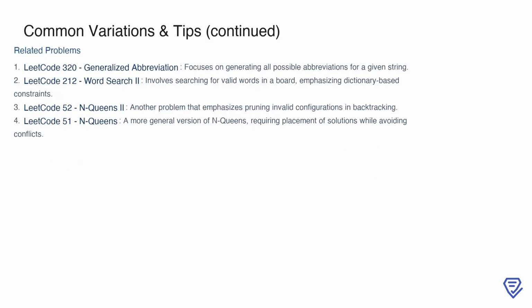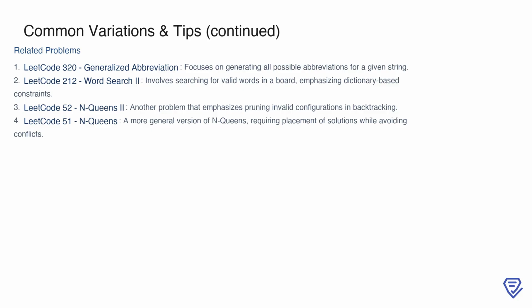It's helpful to explore related problems that share similar concepts or techniques. For example, LeetCode 320, Generalized Abbreviation, focuses on generating all possible abbreviations for a given string, which is fundamental to this problem as well. LeetCode 212, Word Search 2, emphasizes handling dictionary-based constraints, which is another critical aspect here.